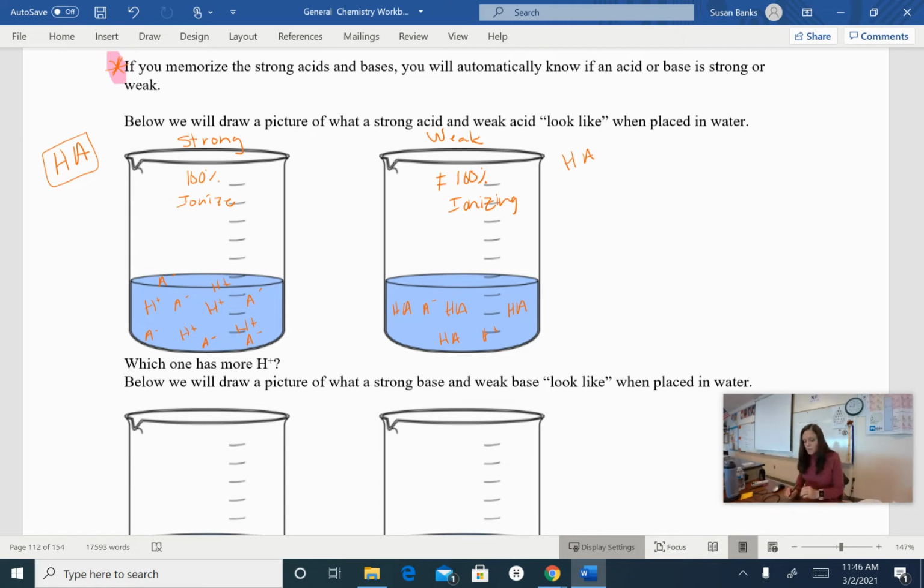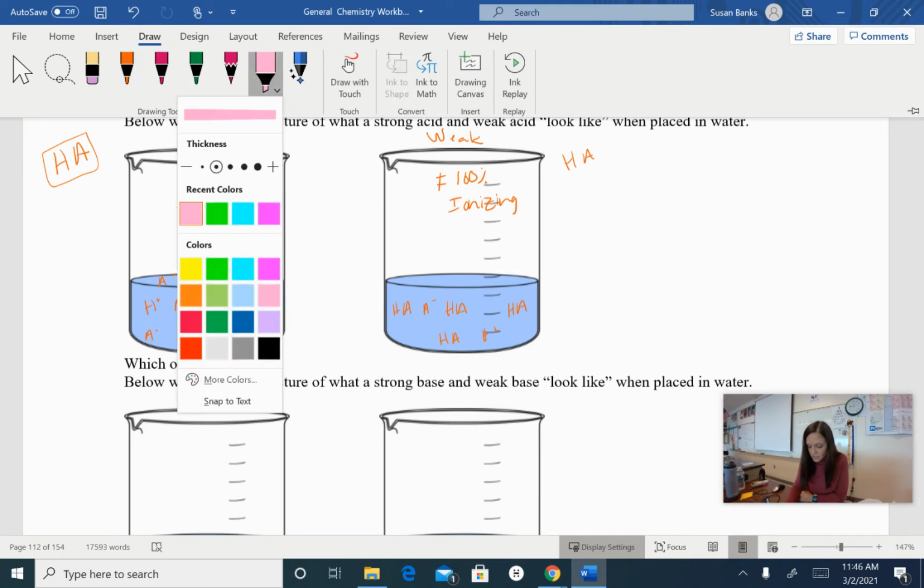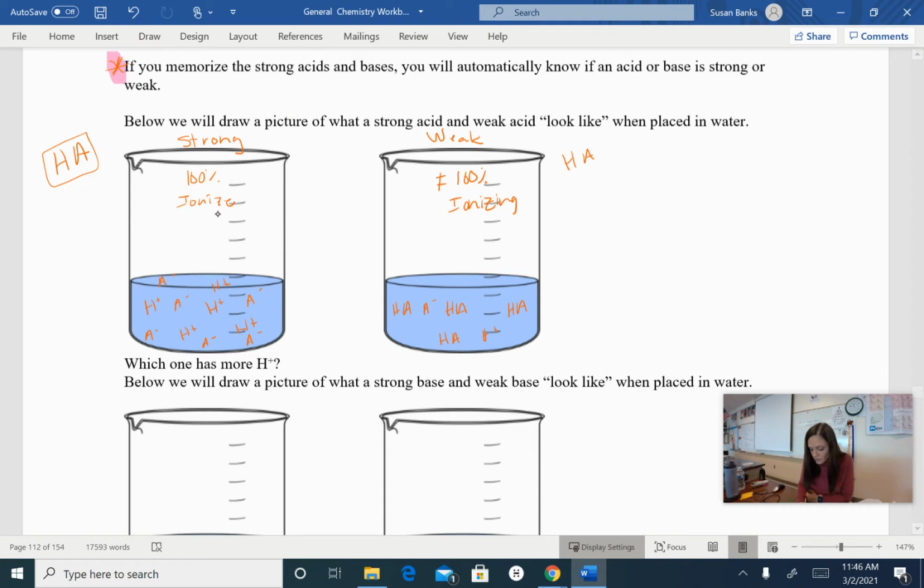So remember, strong acids create lots of hydrogen. So let's highlight the hydrogen ions really quick. So if we look at this, we've got a hydrogen here, we've got a hydrogen here, we've got one here, we've got one here, and we've got one here.